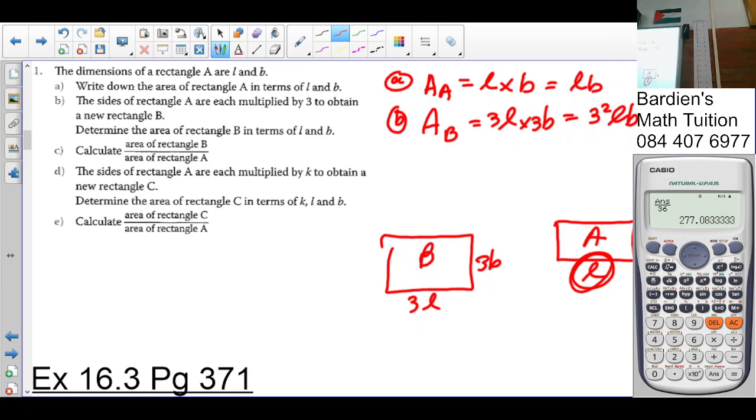Now it says in C, calculate the area of rectangle B over the area of rectangle A. Do your thing there quickly.